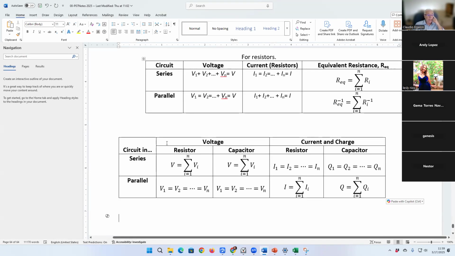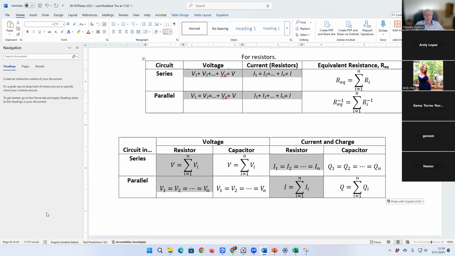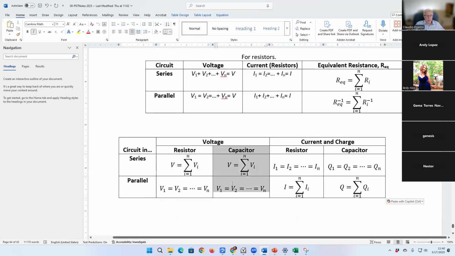Like that. What you have here and here is exactly what you have here. What is new? The capacitor column is new.